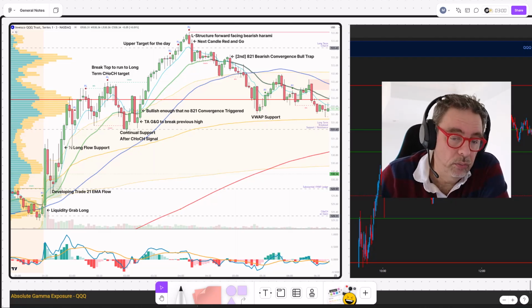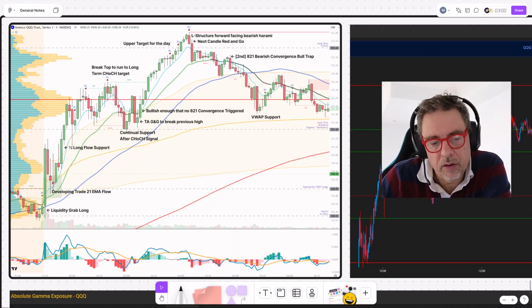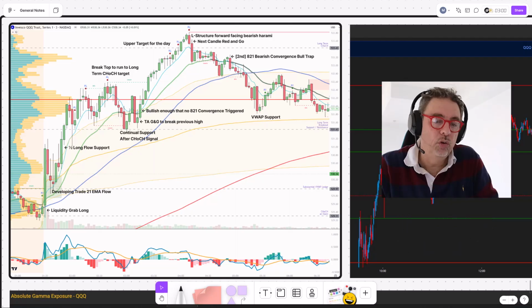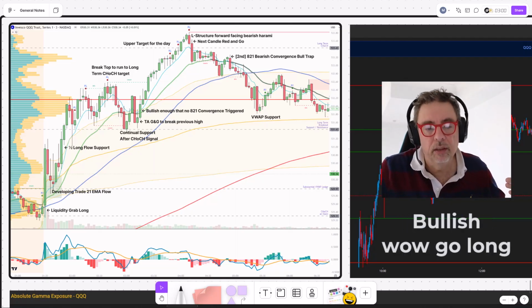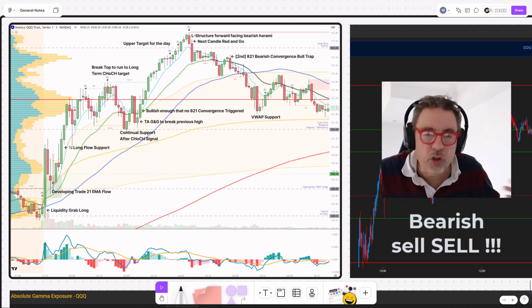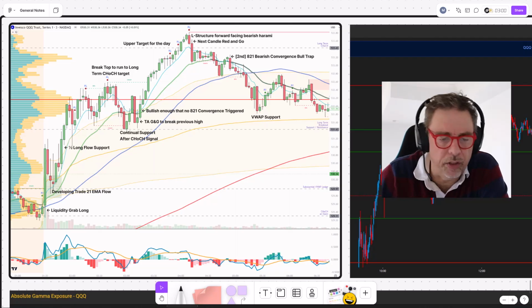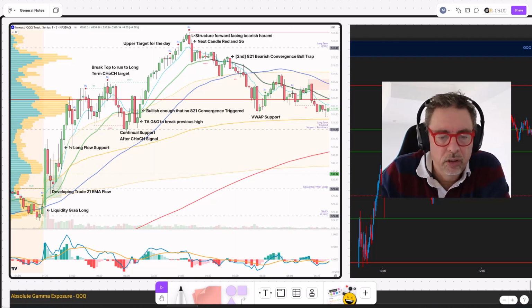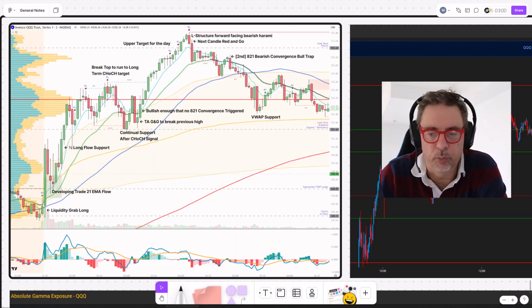We also look at our exponential moving averages and identify possible playbook scenarios for the day. To avoid bias, a good trader will have a bullish, a bearish, and a neutral set of scenarios. So let's take a look at the Qs from yesterday. And while it's already happened, we'll narrate it and then use that to backtest the dashboard.